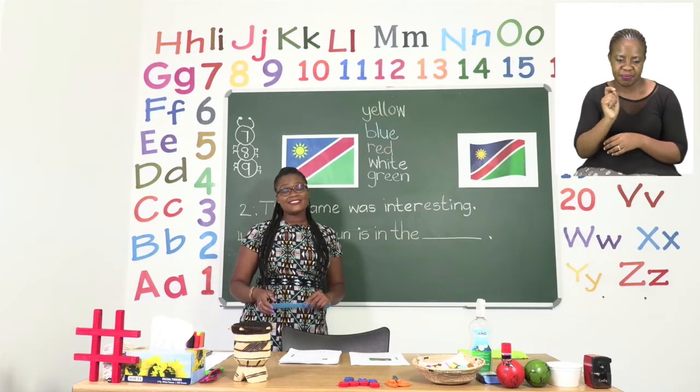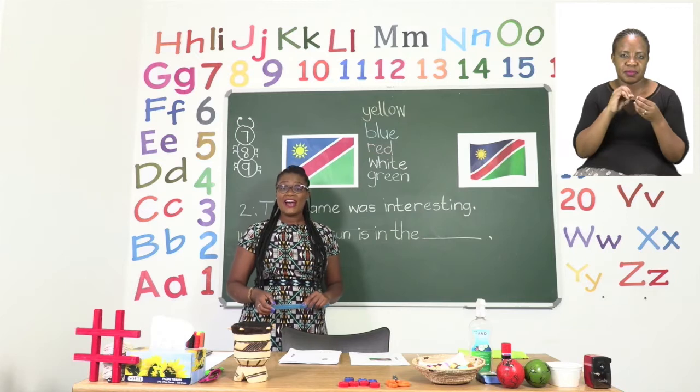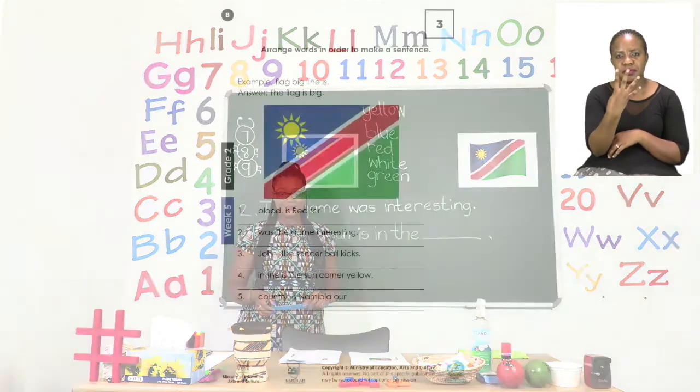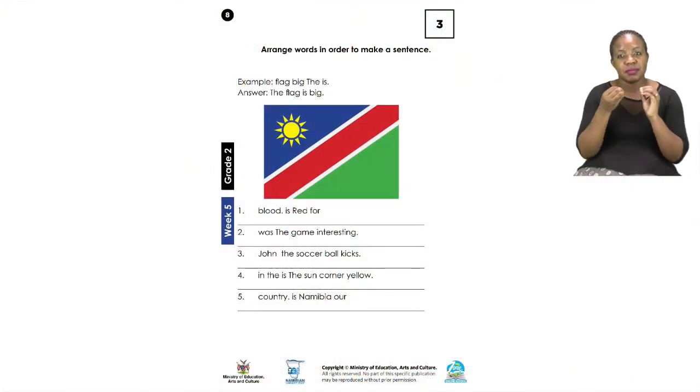Let's take a look now at number 4 in our exercise. Number 4, let's read it together, says, in the is the sun corner yellow. Oh my goodness, this one is all messed up. But it's going to be our job to arrange the words clearly.